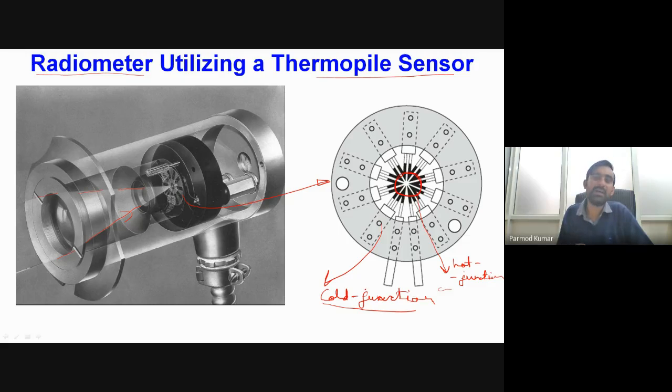So by knowing the temperature, we can calculate the amount of radiative heat flux, which comes from the generic equation of the Stefan-Boltzmann law. This is the whole idea of using a radiometer, and I have given you a photograph of a commercially available radiometer.